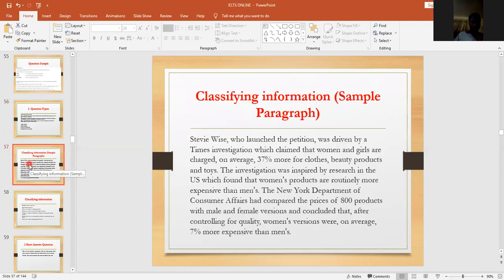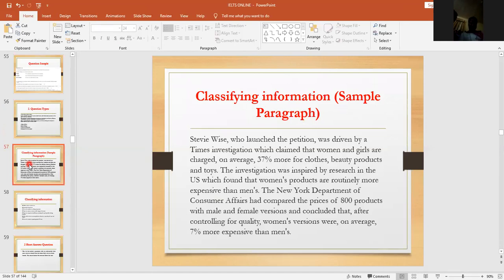Steve Wise, who launched the petition, was driven by a Times investigation which claimed that women and girls are charged on average 37% more for clothes, beauty products, and toys. The investigation was inspired by research in the US, which found that women's products are routinely more expensive than men's.